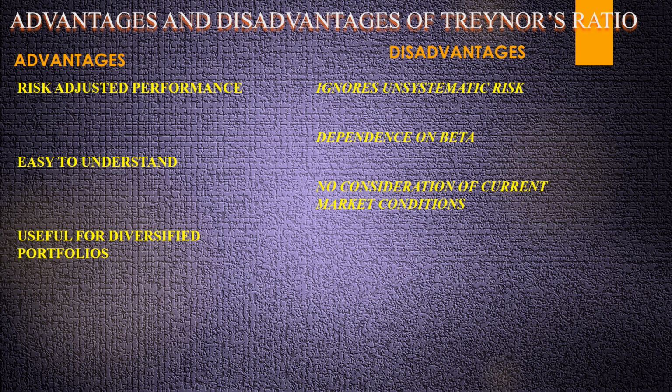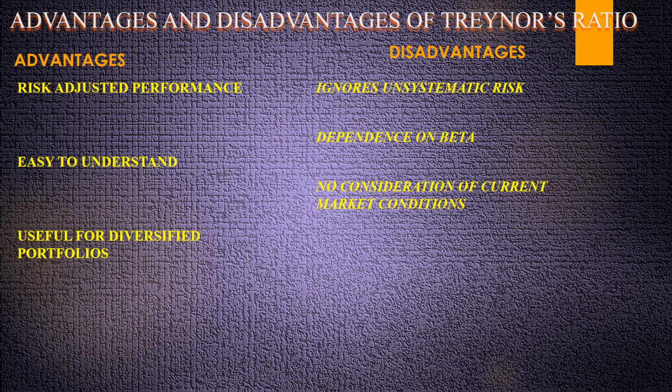Now, the advantages and disadvantages of Treynor's ratio. The various advantages and disadvantages are these. Risk adjusted performance is a very good advantage; it can be adjusted with the risk and we can understand that. It ignores unsystematic risk; there are two kinds of risk, systematic risk as well as unsystematic risk, so this is a disadvantage. Again, an advantage is that it's easy to understand and useful for diversified portfolios.